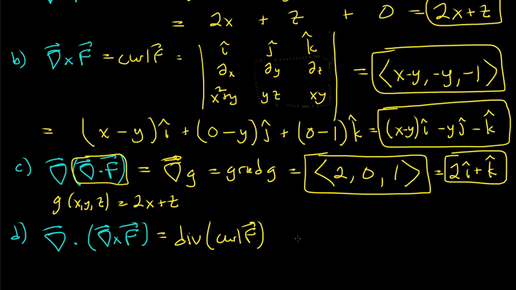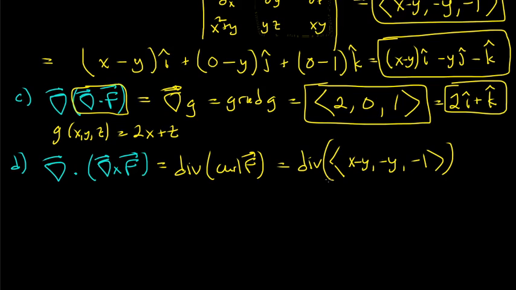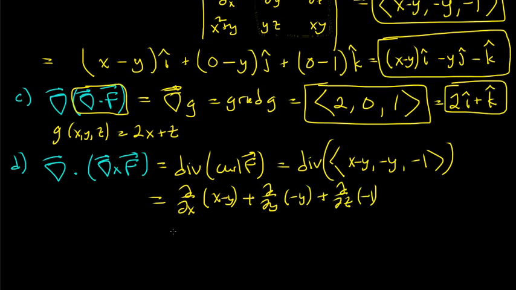That was part B. So we're just really taking the divergence of the vector field x minus y, negative y, negative 1. And that's pretty easy. Just take the x partial derivative of x minus y, plus the y partial derivative of negative y, plus the z partial derivative of negative 1.